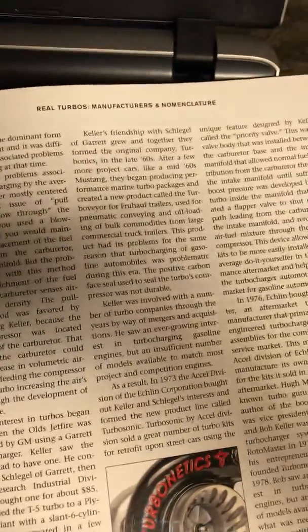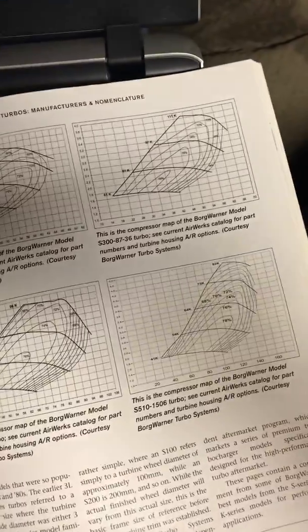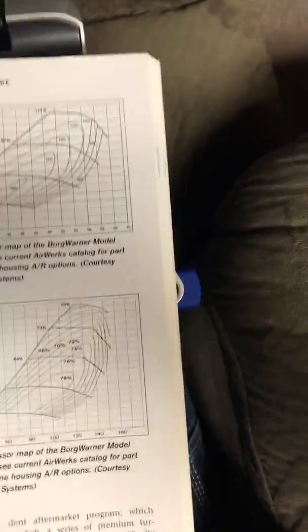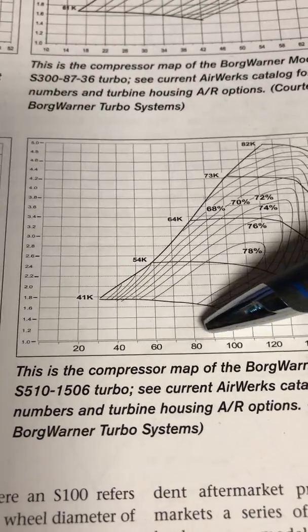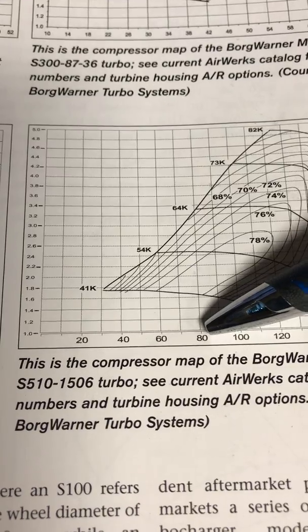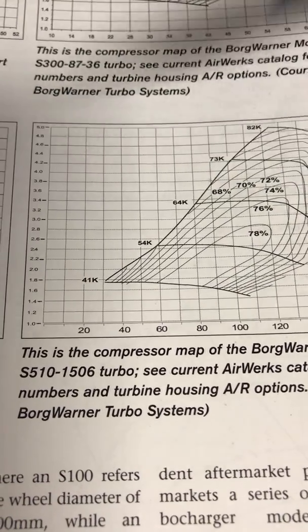Good luck getting a hold of them, or getting a hold of them and then coming up with a way to control it. Let's go to Garrett. Oh wait, before we go to Garrett, let's stop here at the S510. 80, 90 pounds, so 85 pounds a minute. There we go, up to the 6-to-1, way in the surge, so that ain't gonna work.